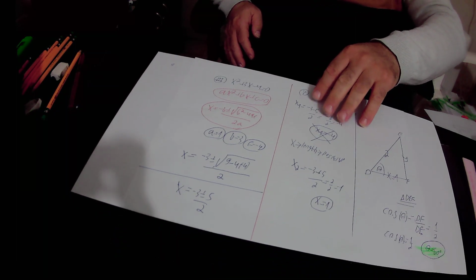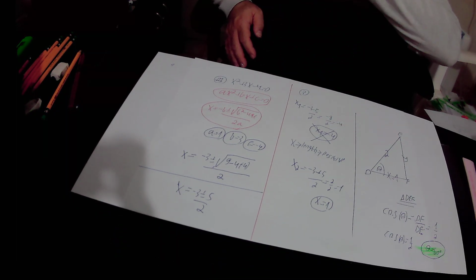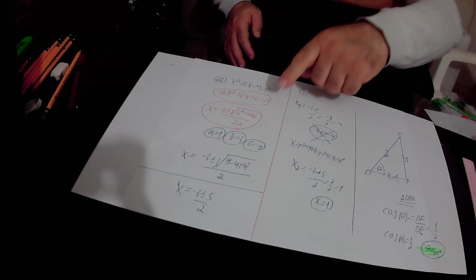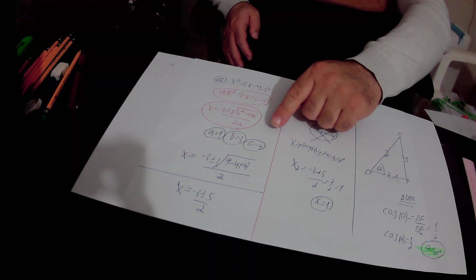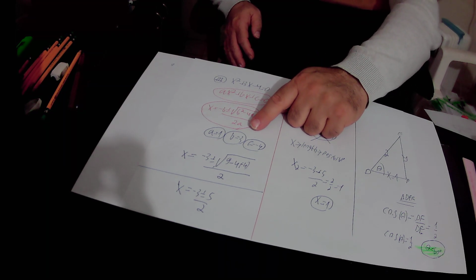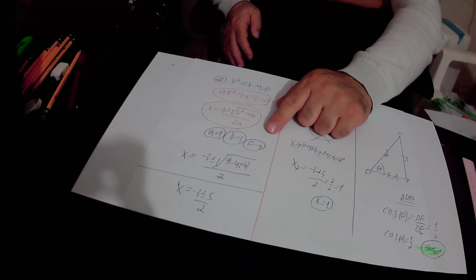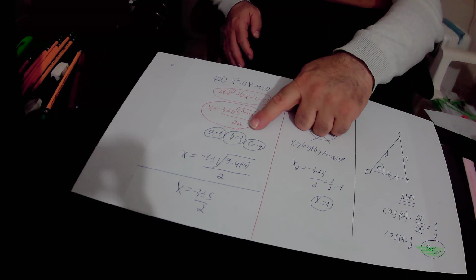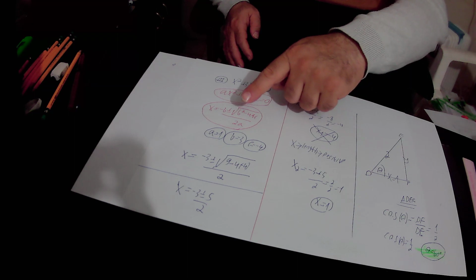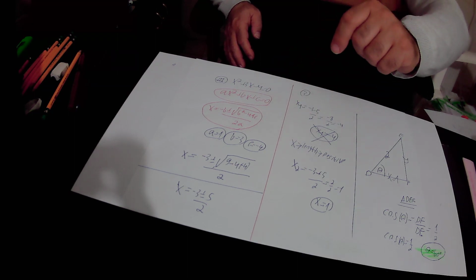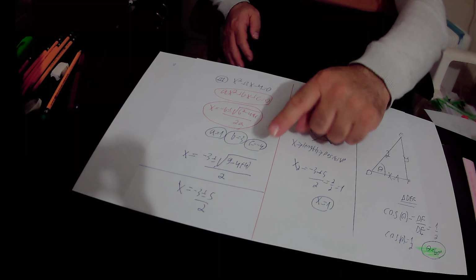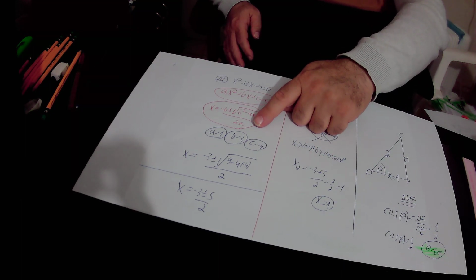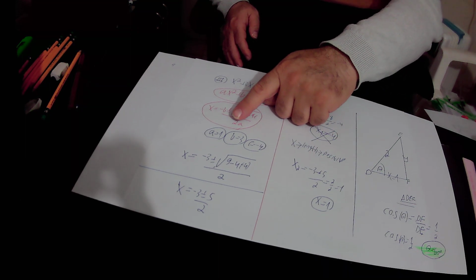So we put the data inside the formula in order to find the value of x. X equals minus b, b is 3, so minus 3, plus or minus the square root of b squared, 3 squared, that is 9, minus 4 times a, which is 1, times c, which is minus 4, over 2a, 2 times 1, is 2.